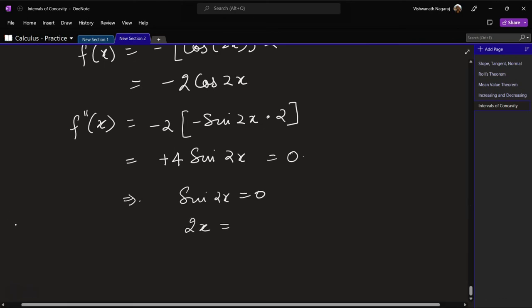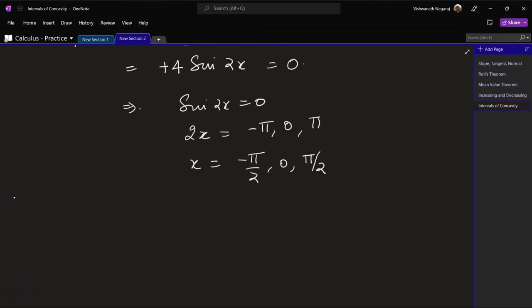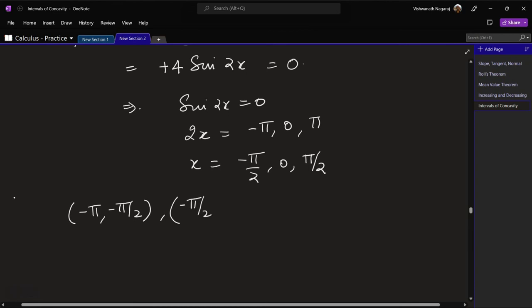And when is sine 0? When it is minus pi, 0 and pi, which means x would be equal to minus pi by 2, 0 and pi by 2. So the intervals would be minus pi to minus pi by 2, minus pi by 2 to 0, 0 to pi by 2, and from pi by 2 to pi.